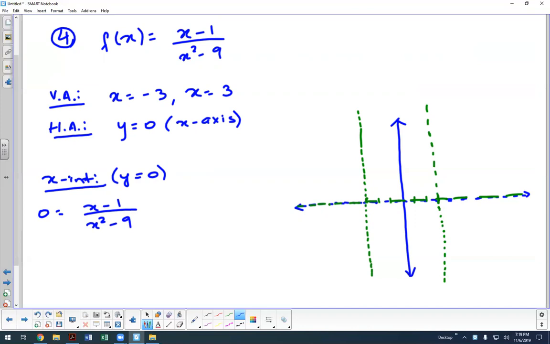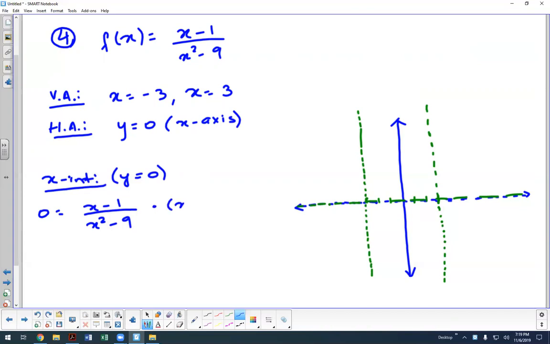So how can we go about finding an x-intercept here? What should we do to solve this equation right here? Any ideas? Get rid of that denominator.